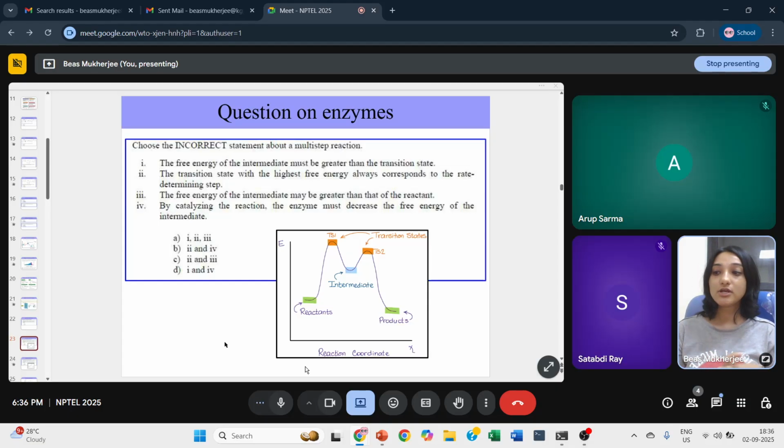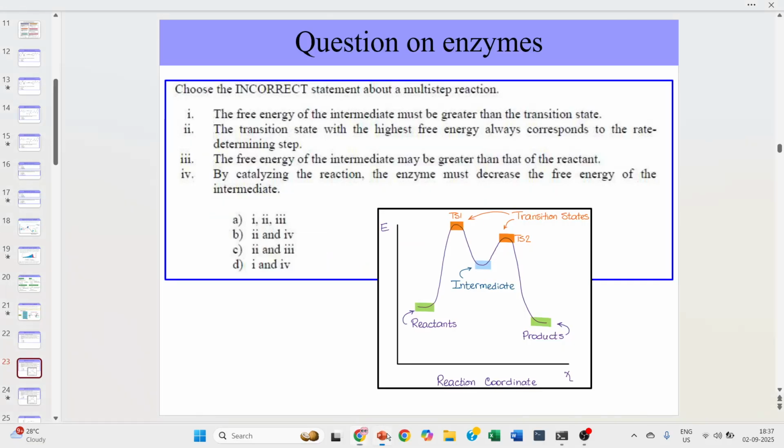Based on this figure, which of the statements do you think are incorrect? This is a multi-step reaction. Okay, so we can look at the answer.